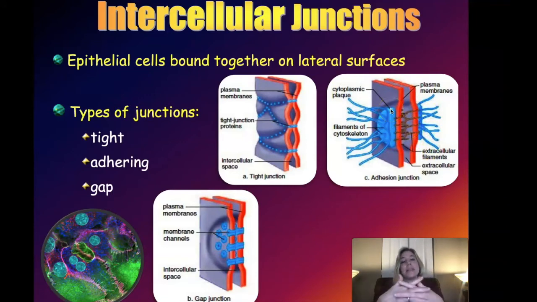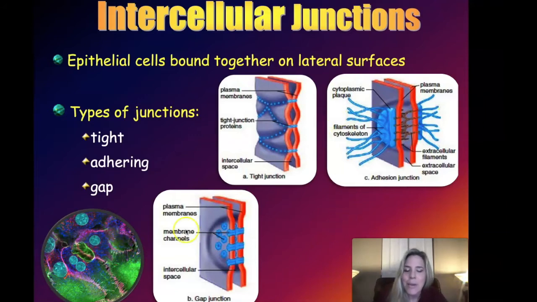And so this allows these cells to stay connected without barring things completely from being able to get on either side. So these have a function, especially in tissues that are under constant stress. So think of the bladder or the stomach, where that tissue is being stretched. This makes sure that these cells don't get away from each other, and that they form a tissue that has some connection to it.